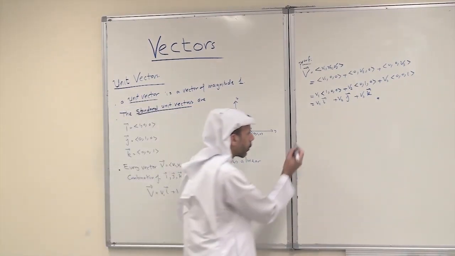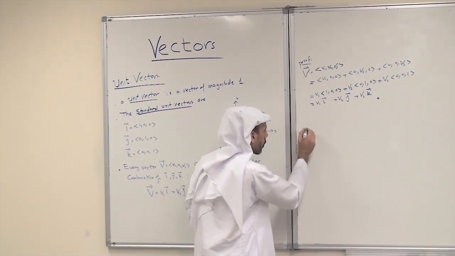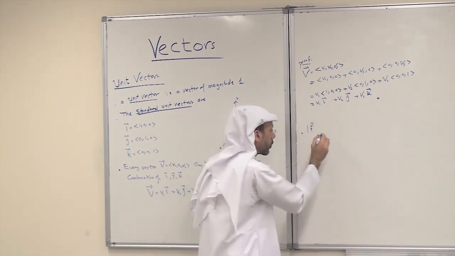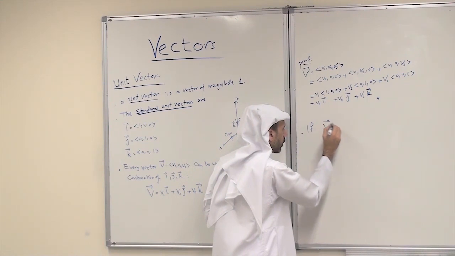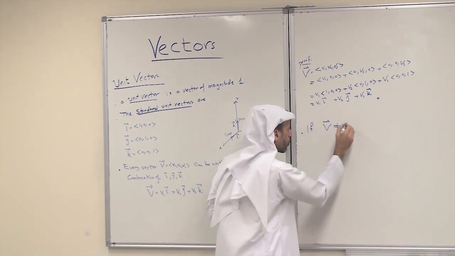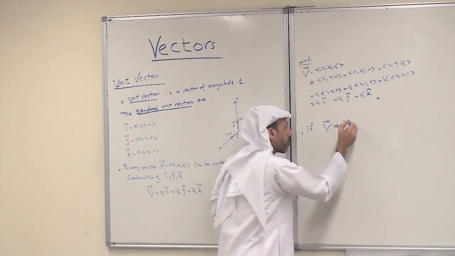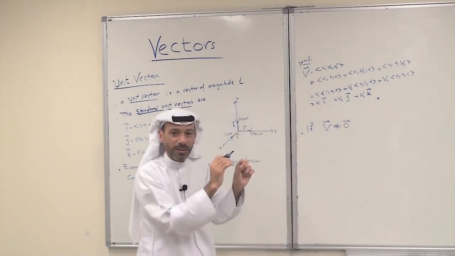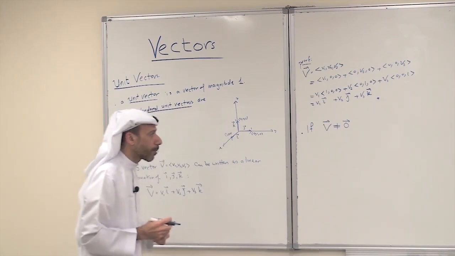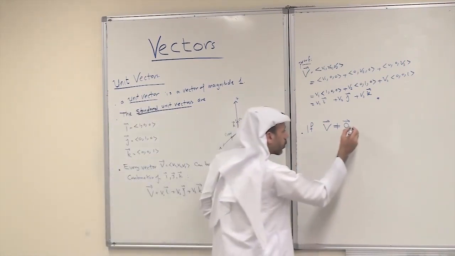Next, we consider the following. Take a vector v, a non-zero vector, so a vector which is not equal to the zero vector, i.e. the components of the vector v are not all equal to 0. We notice the following here.